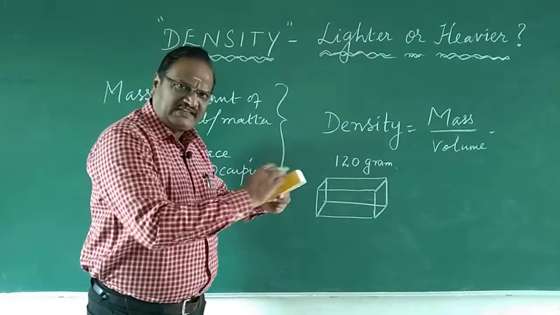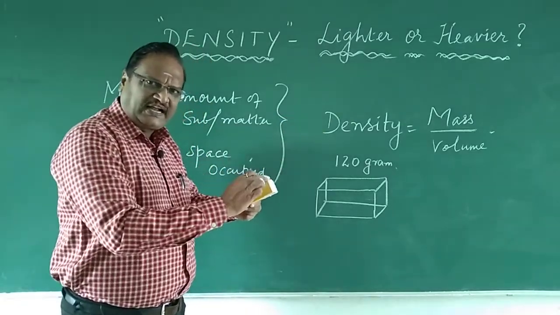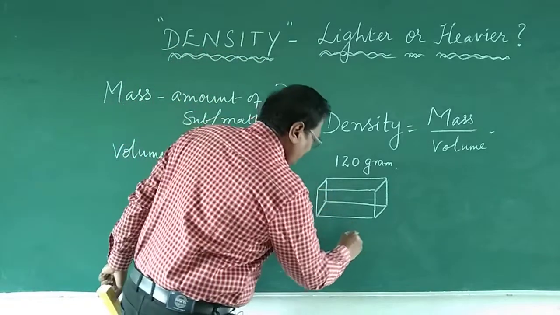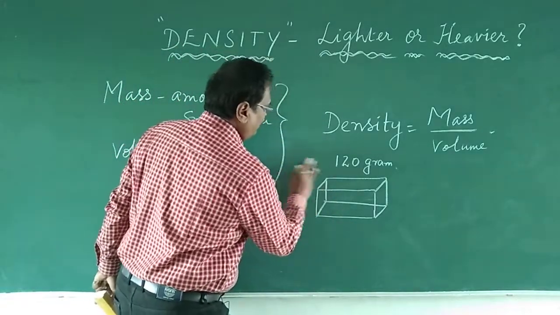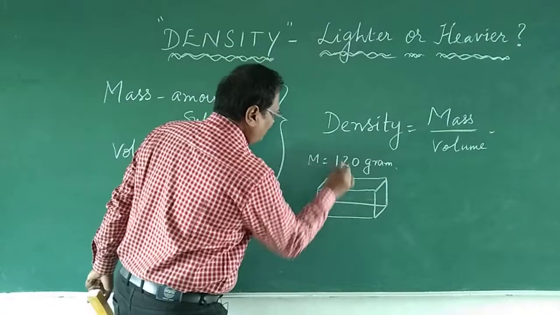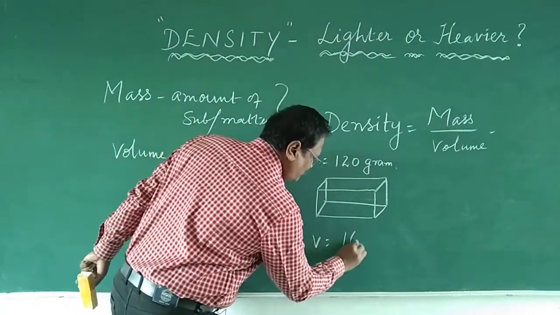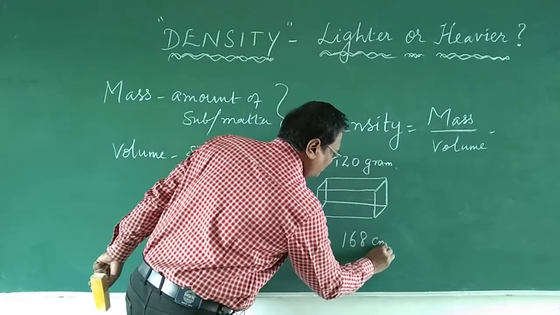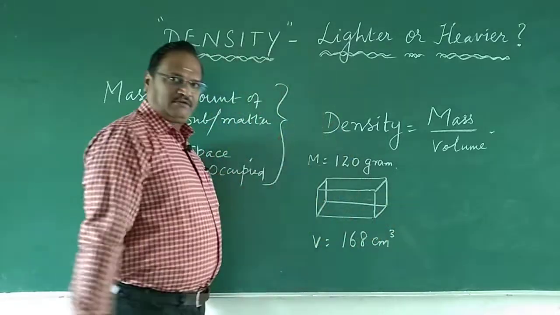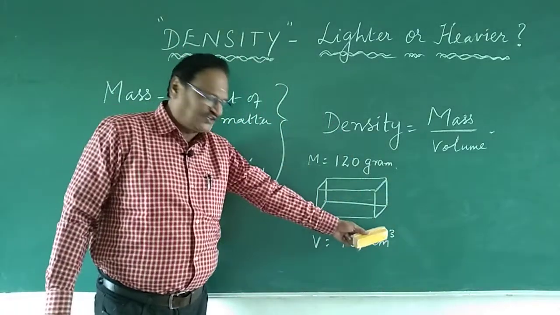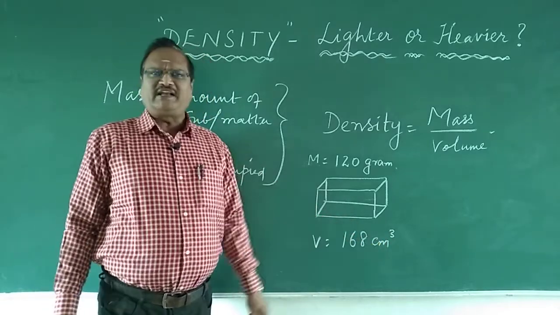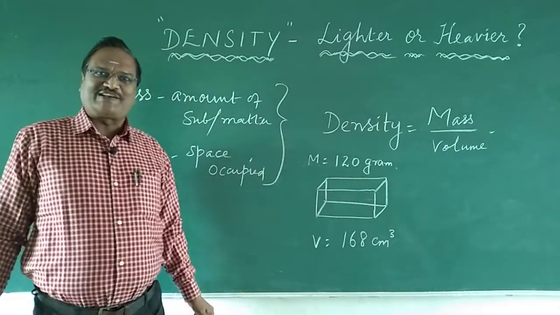Now I measured length, breadth and height, and I got the volume. This is the mass of the body. Let me write capital M for you, and volume is equal to, just I remember, 168 cubic centimeter, if I am not wrong. Please check it. How do I remember 168?